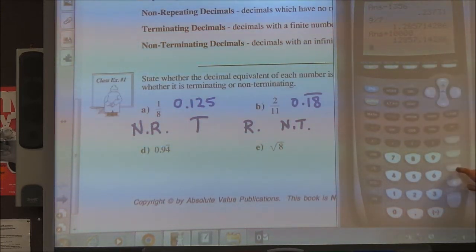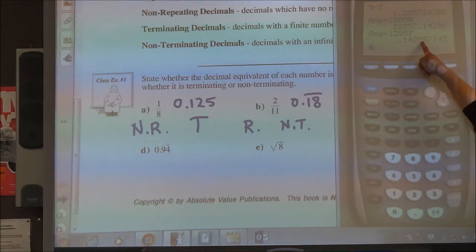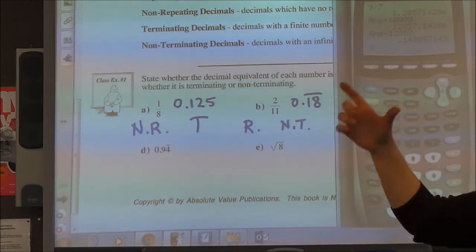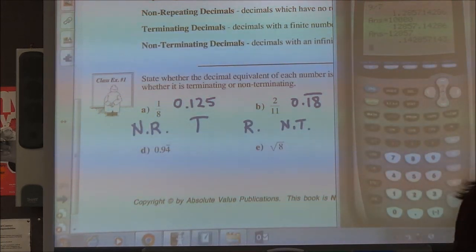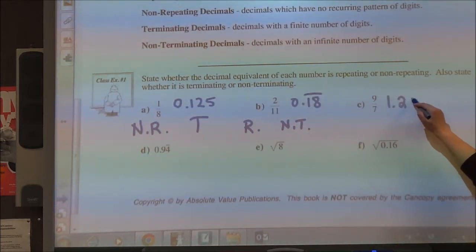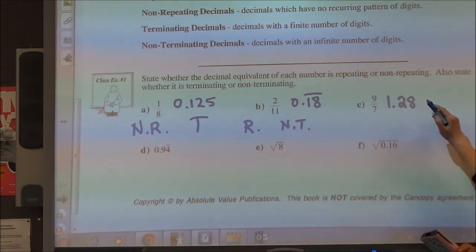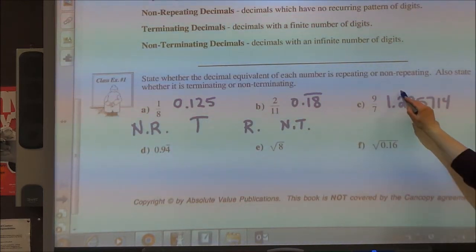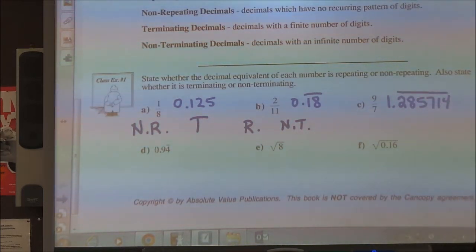If I take this 12,000 off, that 6 now became a 5. So it is repeating, it's just a really long repeating pattern. The repeating pattern is actually 1.285714, and then this whole thing is what repeats.